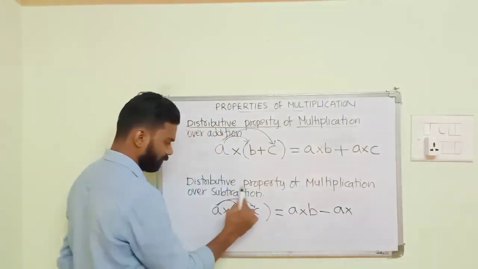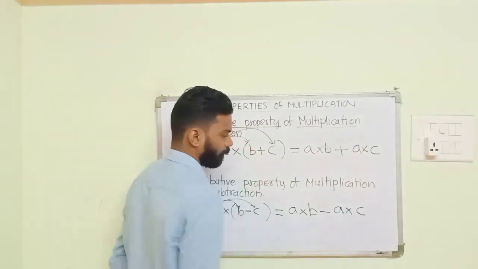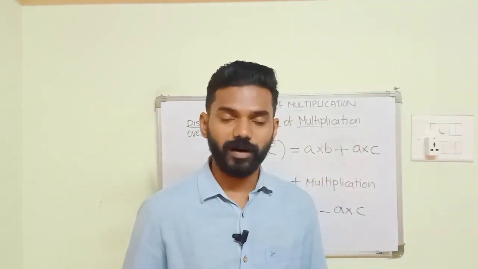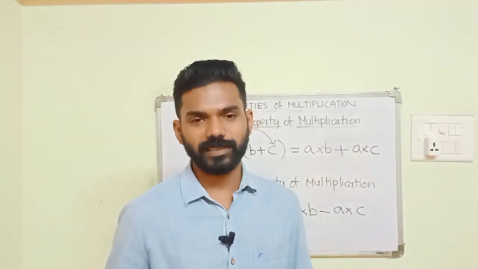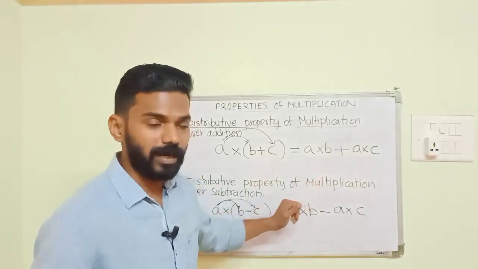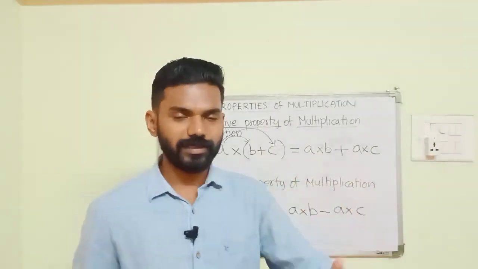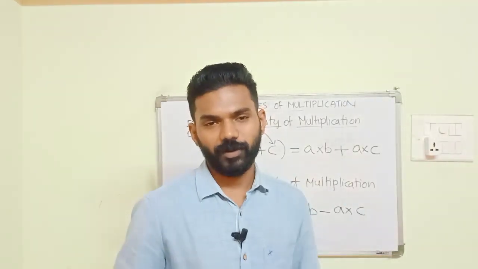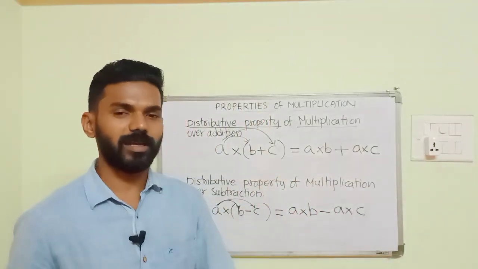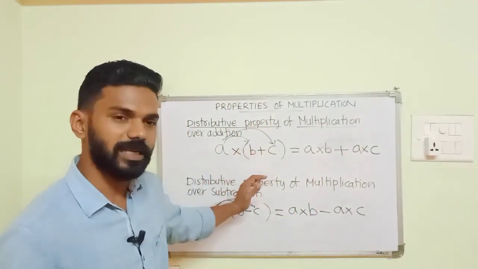A into the next number C. This is called the distributive property of multiplication over subtraction. Hope you all understood. If you understood, then we are going to do some problems related with this.